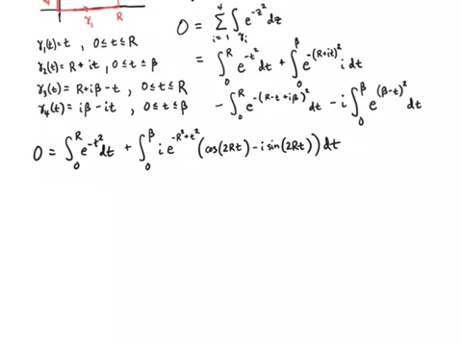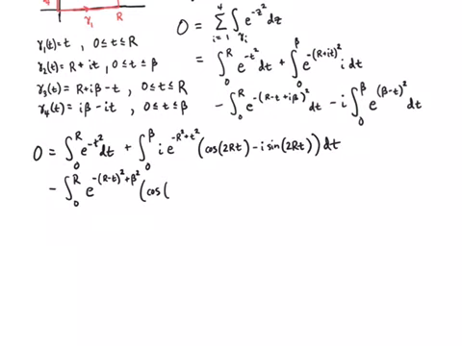Okay, and then we have a minus the integral from 0 to r of e to the minus (r minus t) squared plus beta squared. And then we have a very similar thing, except now instead of r and t we have beta and r minus t.